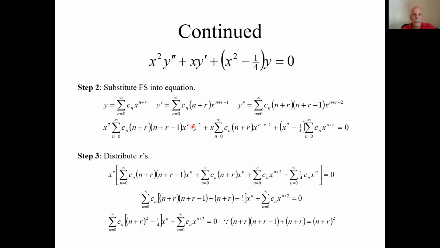We can take an x to the r out of each term and put in what's up in front. So here, this exponent's going to be n, just n, because we took the r out, and we added 2. So that's just an x to the n. Here, we take the r out, add 1, so that's another just n there.